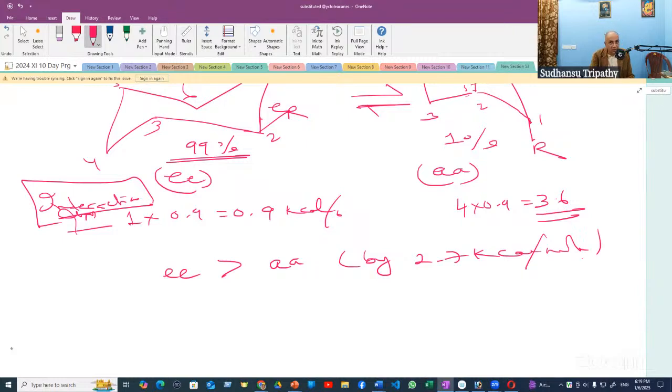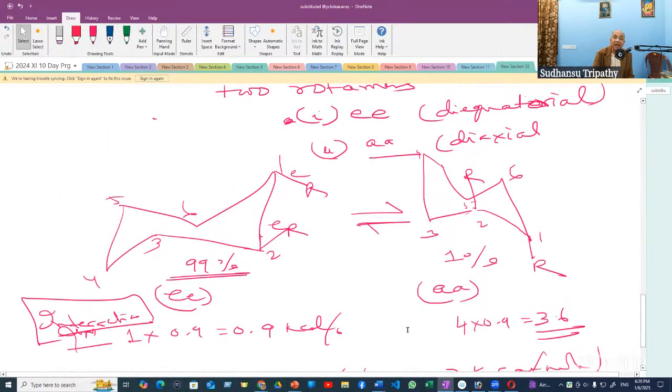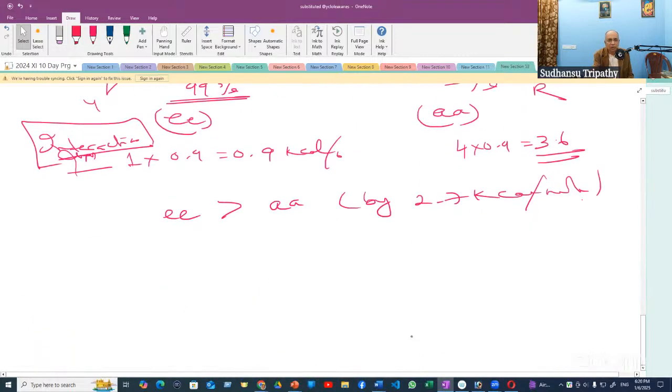And interestingly, both the rotamers are dissymmetric. You won't find any of the three elements of symmetry. And I'm not spending time. Both the rotamers are dissymmetric.